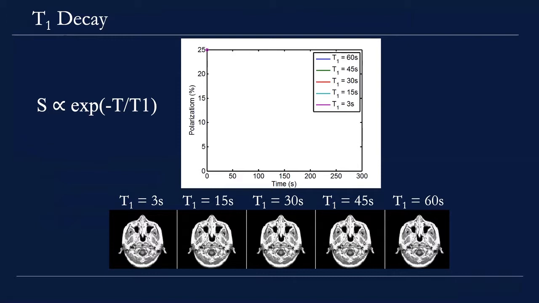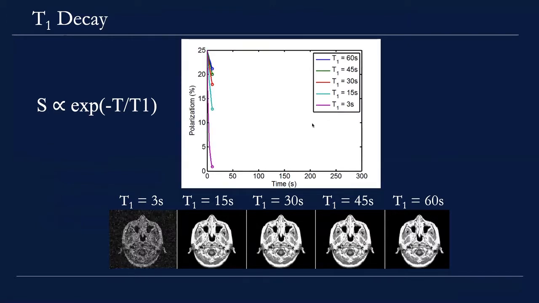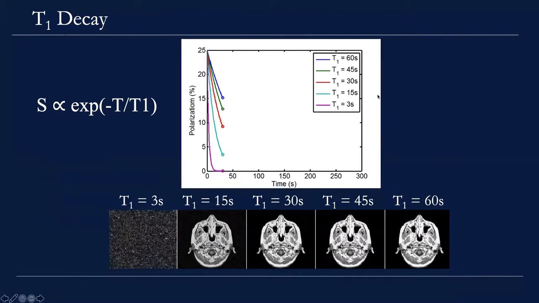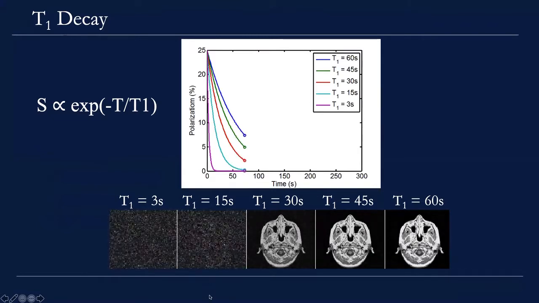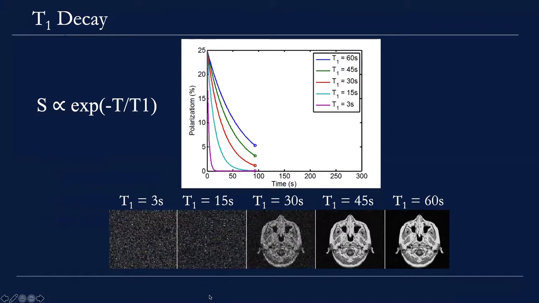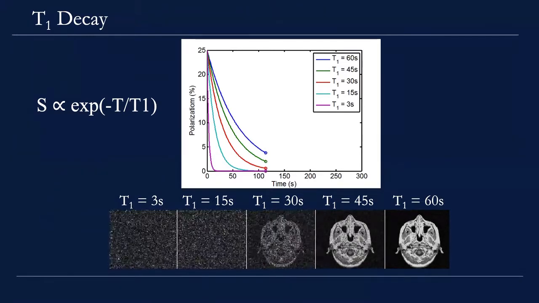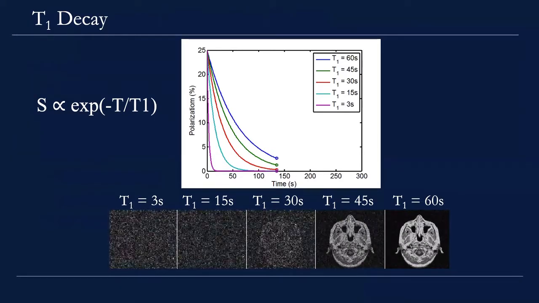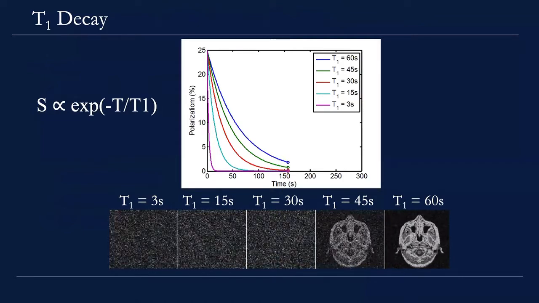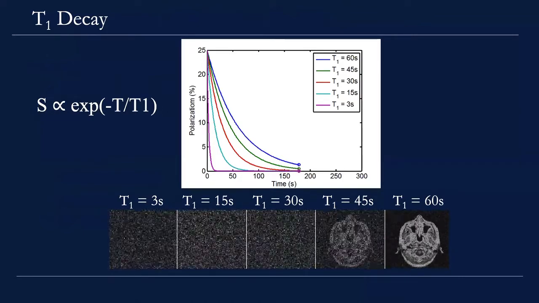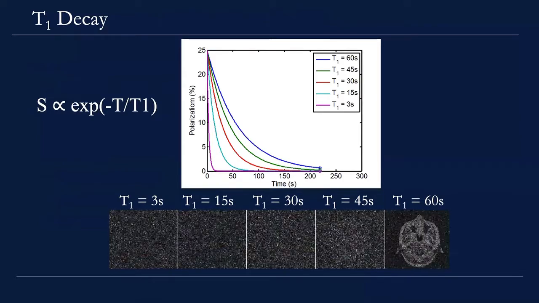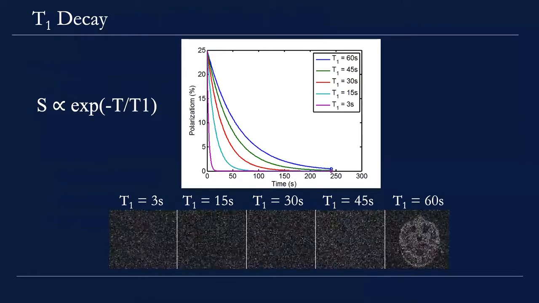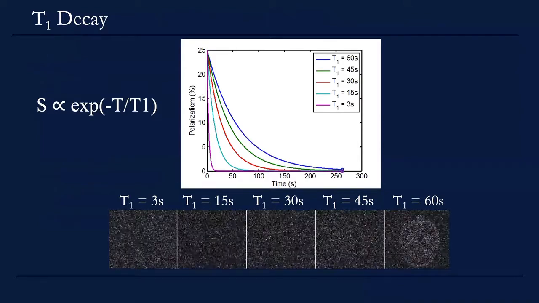The important thing here is that the shorter your T1 is, the faster your signal decays. So when we're choosing our hyperpolarized substrates, as Dave alluded to last week, we want compounds that have C13 sites with T1 times as long as possible in order to maximize our polarization and maximize our imaging window, which is, as a rule of thumb, 3 to 5 T1 times.